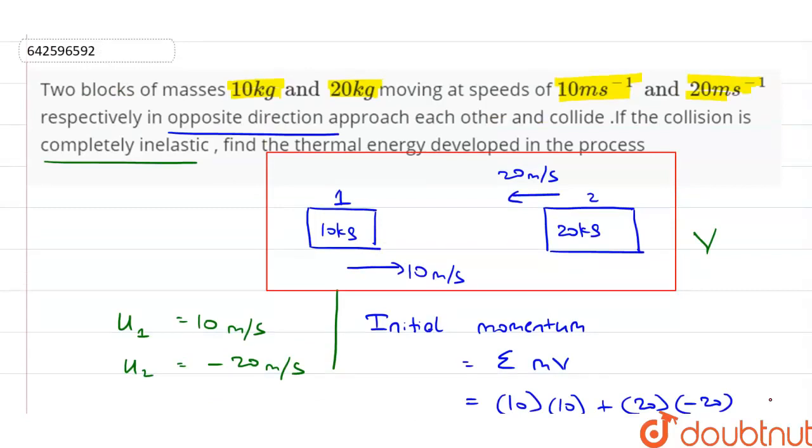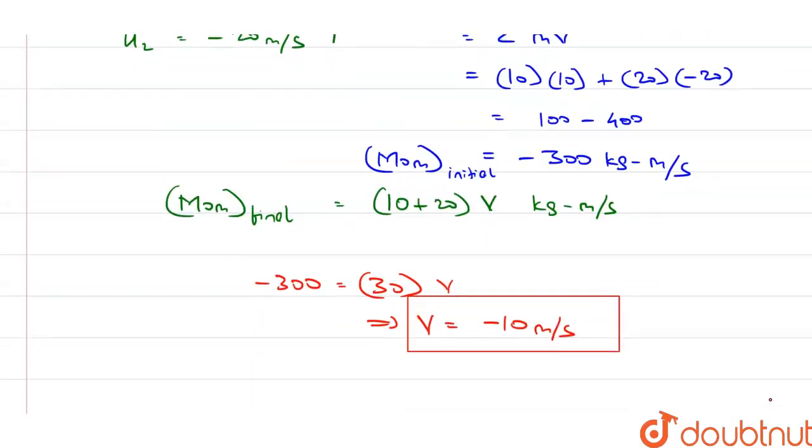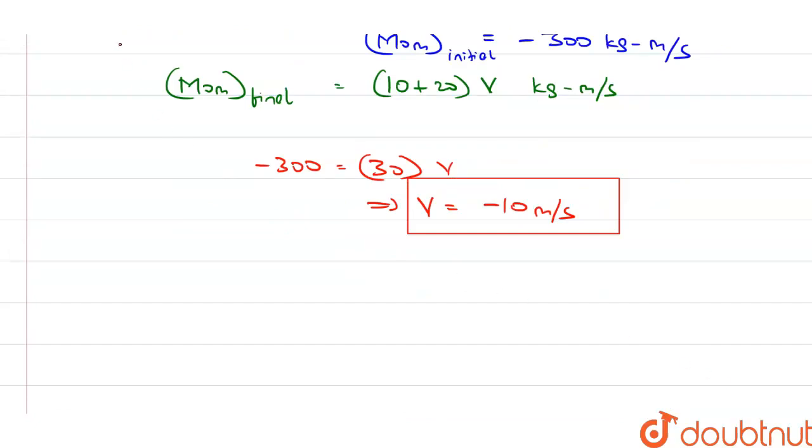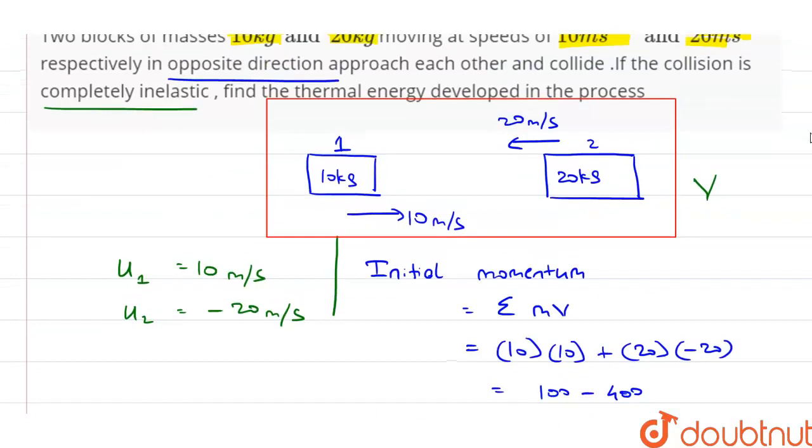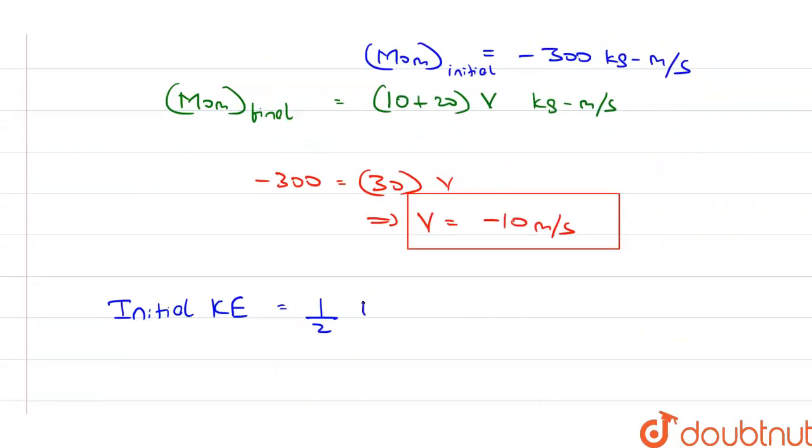In inelastic collision, the momentum is conserved, but the kinetic energy is not conserved. Therefore, if we write the initial and final kinetic energies, the initial kinetic energy will be equal to half into 10 into 10 square, the kinetic energy of the first mass, plus the kinetic energy of the second block, half into 20 into minus 20 square.